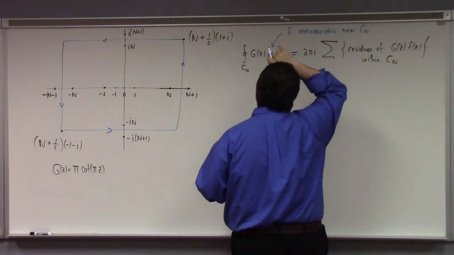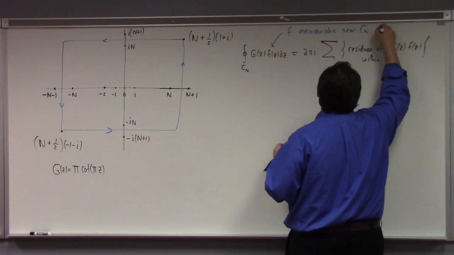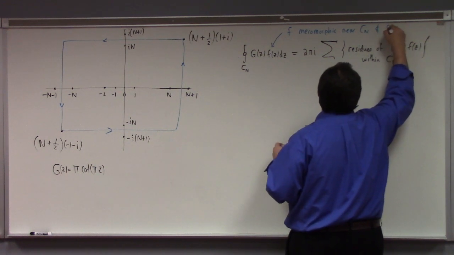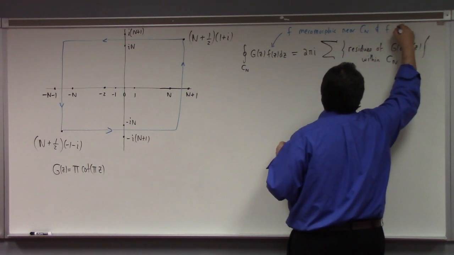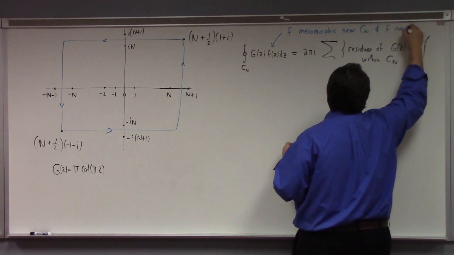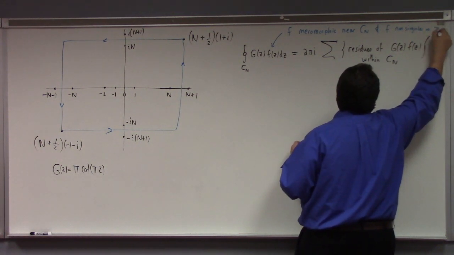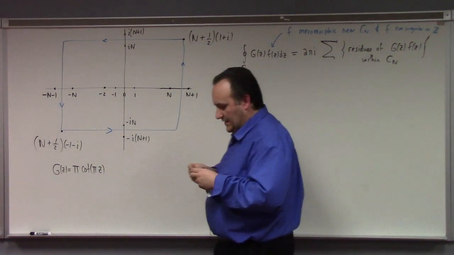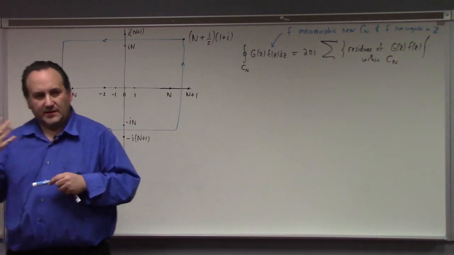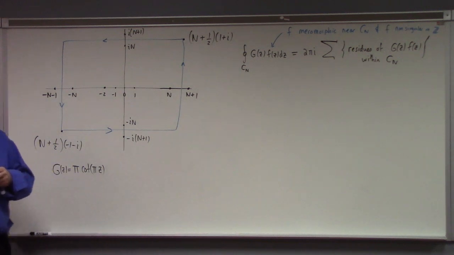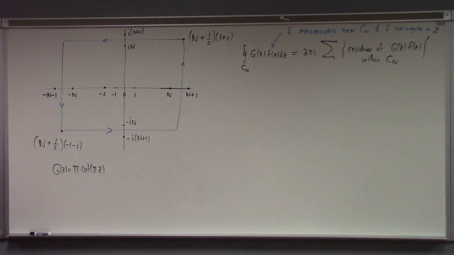And let's say f is non-singular on Z. In other words, I don't want f to have any poles at the integers. So I'm assuming f is holomorphic at the integers so my lemma would hold.